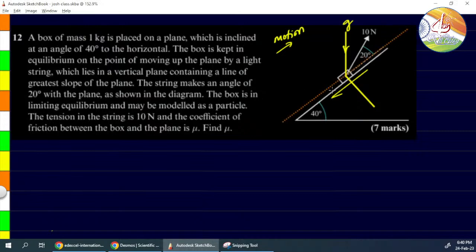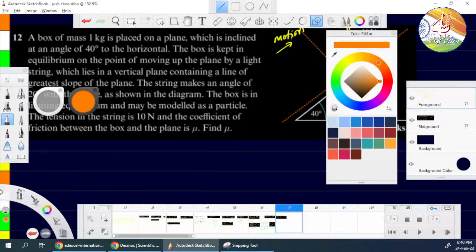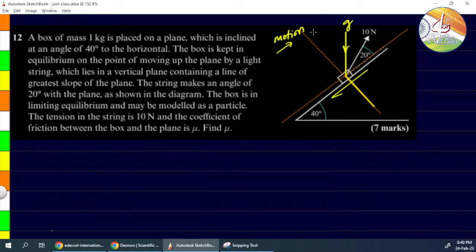So this is our x direction and this is our y direction. Sigma y: this angle is 40 degrees.